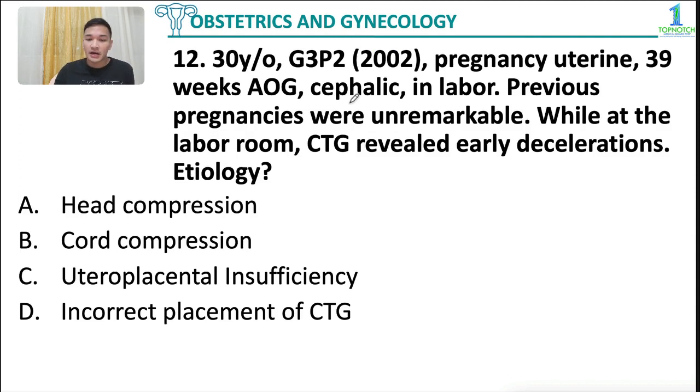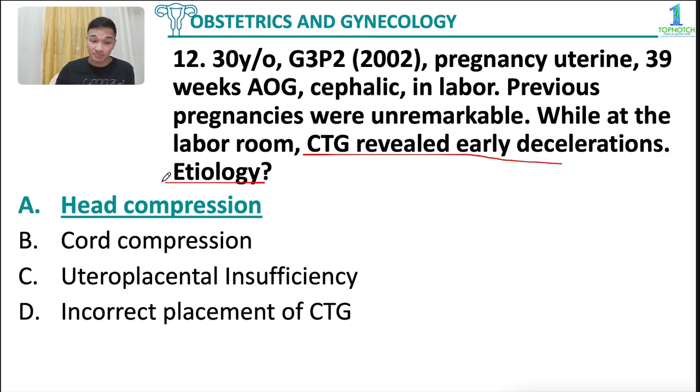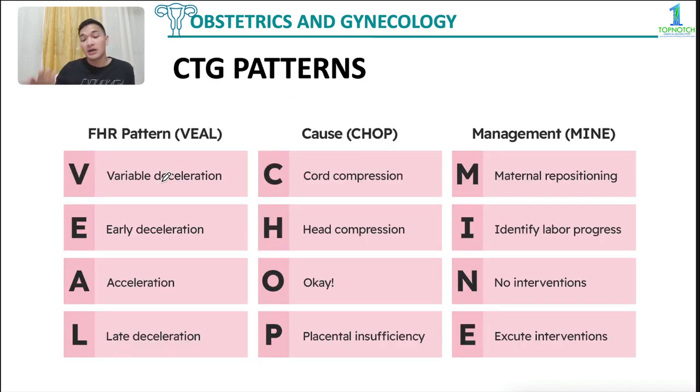Number 12, CTG revealed early decelerations. What is the etiology of early decelerations? The correct answer is head compression. So the way that pwede nyo itong matandaan is to write down VEAL, CHOP, MINE, no, VEAL.